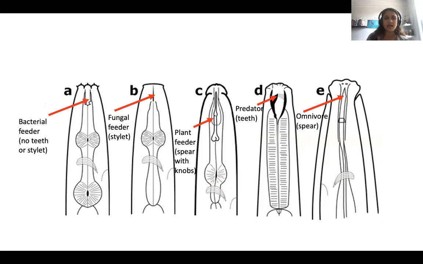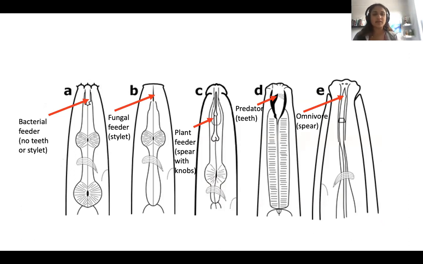So looking at the physiology of these nematodes within these different groups, the bacterial feeders are commonly seen with no stylet or spear.